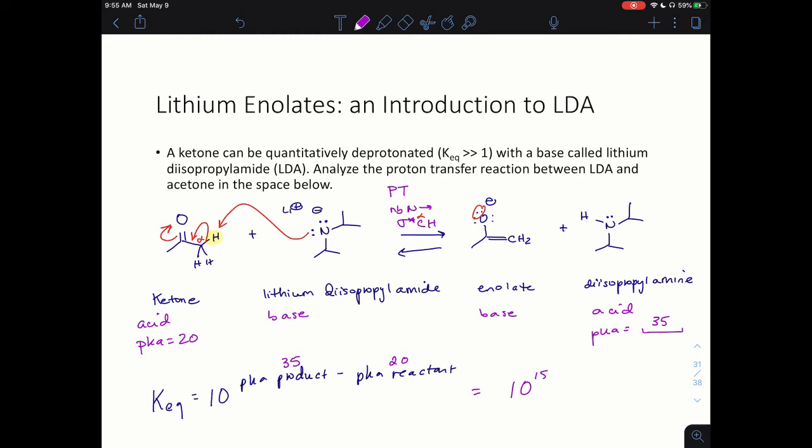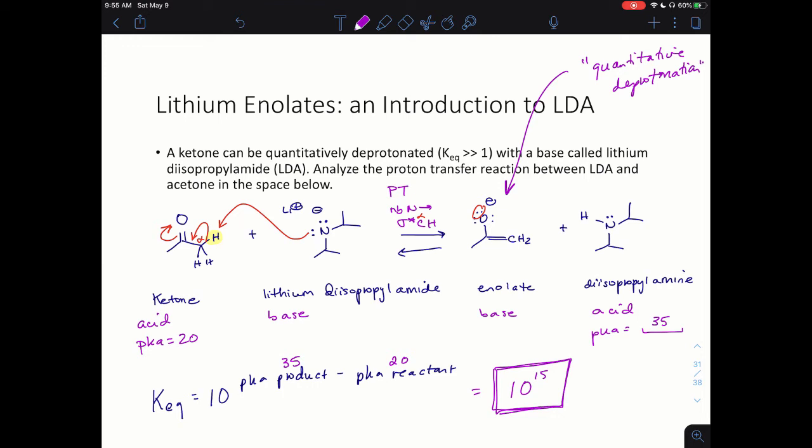So does this reaction favor products or reactants at equilibrium? Yes, products. Super favors products. We will see essentially quantitative, 100% deprotonation to form the enolate. So we can get 100% enolate by using LDA.